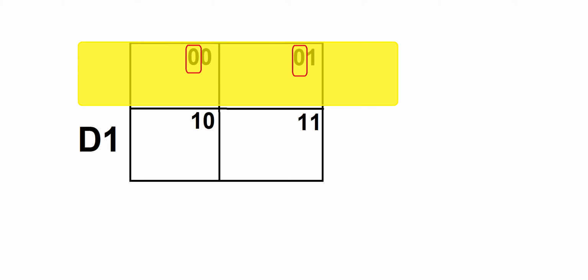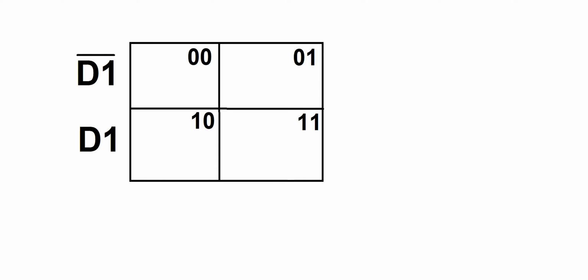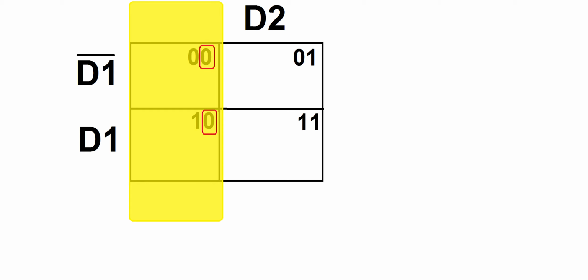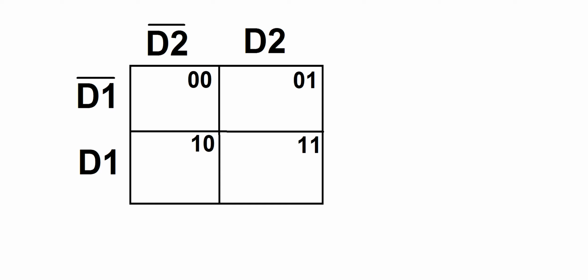Now if you look closely at this map, you see that on this row D1 is always on, so we call this row D1, and on this row D1 is always off, so we call it not D1. Similarly, on this column D2 is on, and on this column D2 is off, so we call them D2 and not D2 respectively.